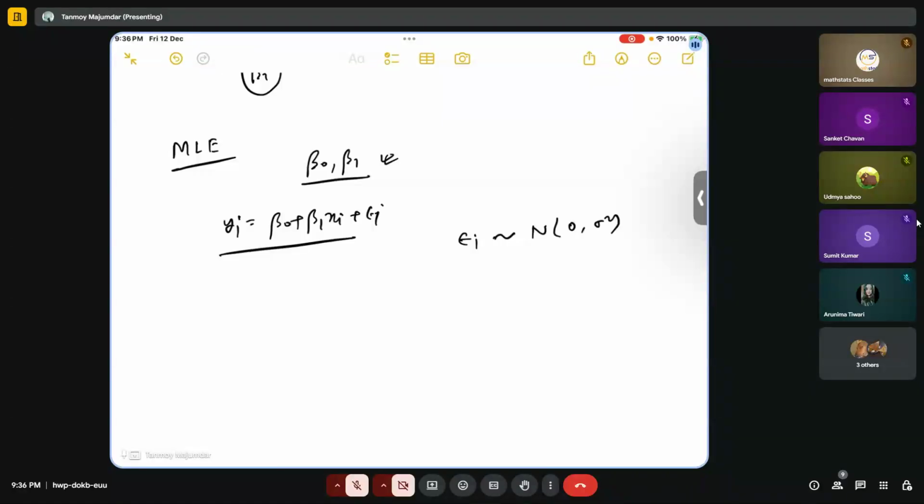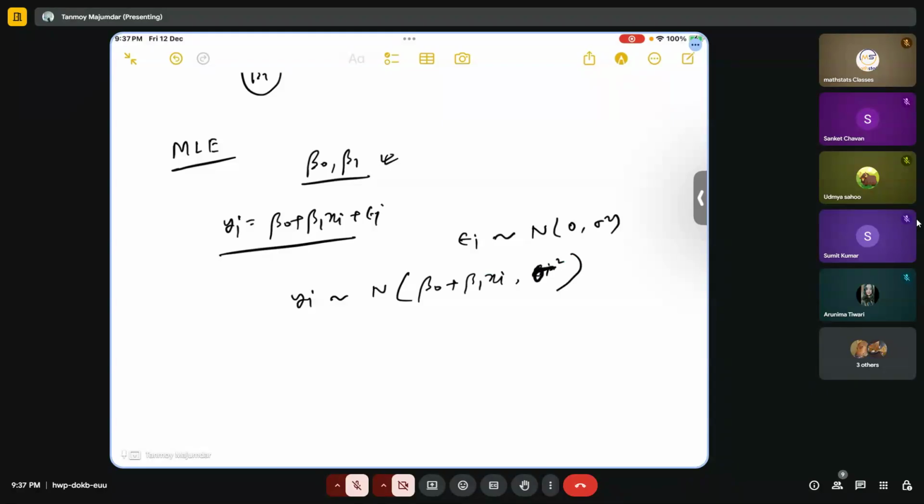Since we have the probability distribution of epsilon i, we can easily find the probability distribution of yi, because yi is like epsilon i plus some constant. So yi will follow normal beta naught plus beta 1 xi and sigma square.